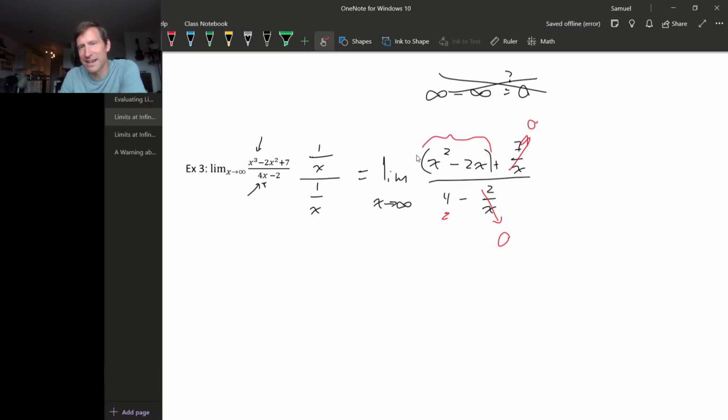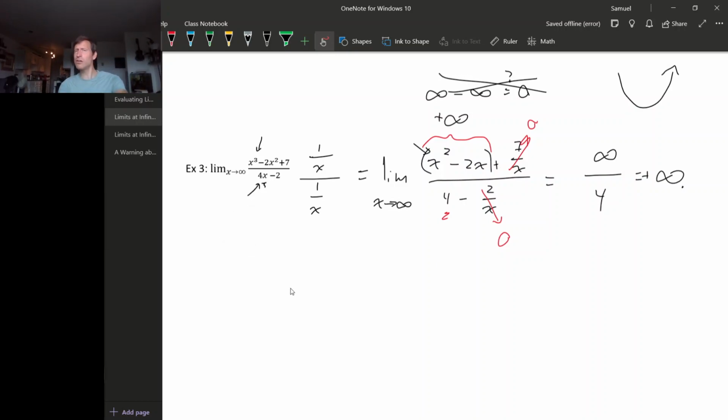It's a quadratic, and when x is really big, only the leading term matters. We're asking about the behavior of a parabola that's opening upwards far to the right, and that's going up to positive infinity. So this part's going to positive infinity. So what we're getting here is infinity in the numerator, 4 in the denominator. That's definitely positive infinity. So this limit is positive infinity.